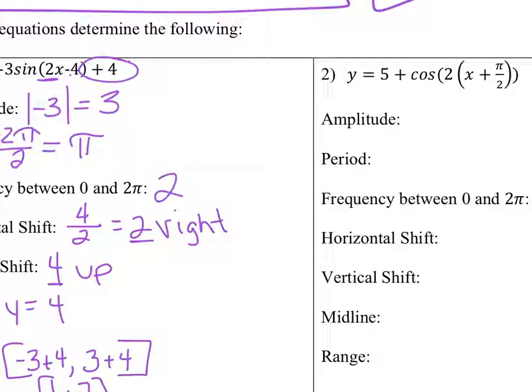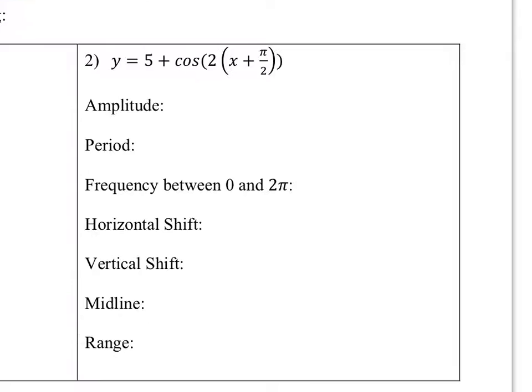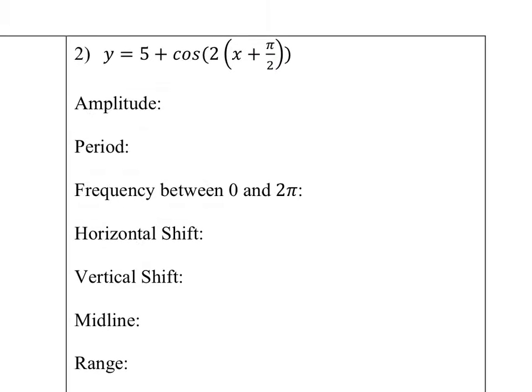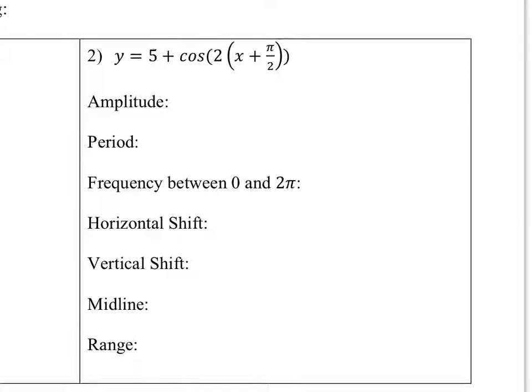That is all. So the only difference between that one and this guy is that in this case, the B is an outie this time. The B is outside the parentheses. So that's going to change how we figure out the horizontal shift. And the other difference is sometimes they put the D in front as opposed to over there.